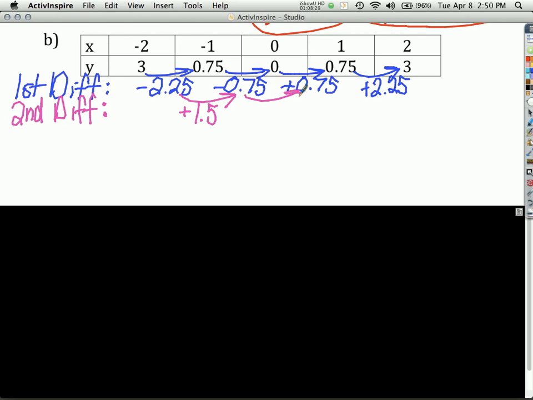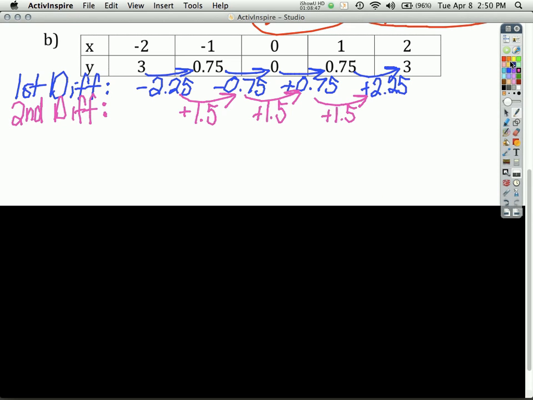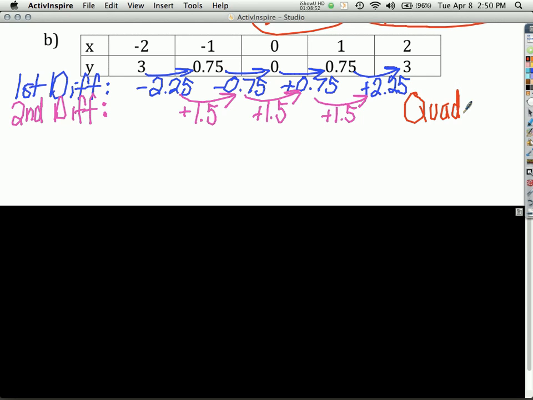And what about going from negative 0.75 to positive 0.75? Dalton? Add 1.5. And now we're seeing that the second differences all come out the same. And so now we know that this is quadratic. So we've answered the first part of the question.